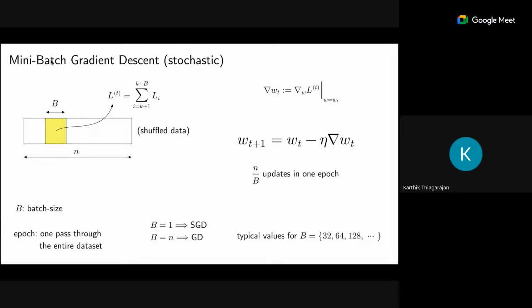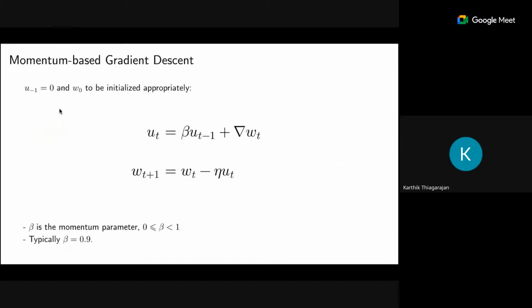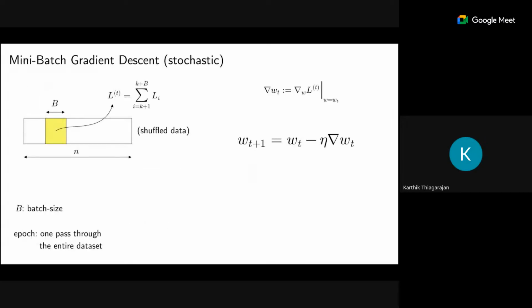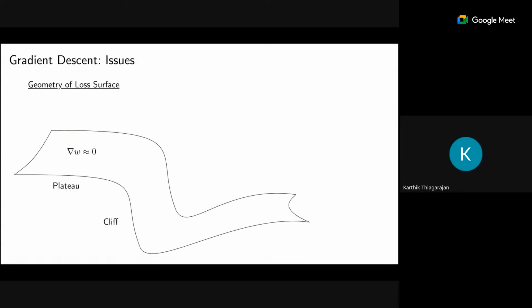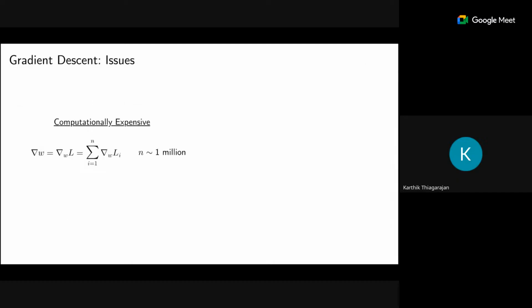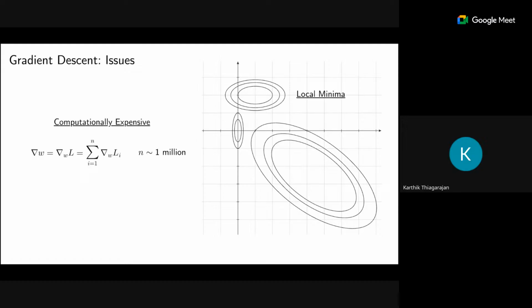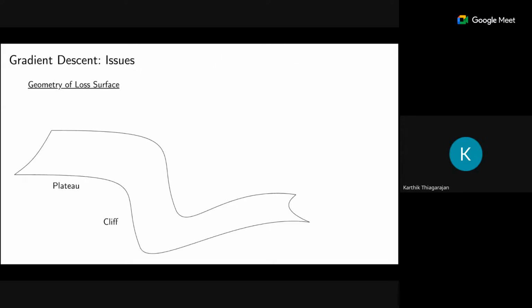Now, that was one issue that we tackled, the first issue, which was that gradient descent is computationally expensive, and we kind of address local minima also using that. But again we have already established that local minima don't present that much of a problem for neural networks. So which brings us to these two issues.